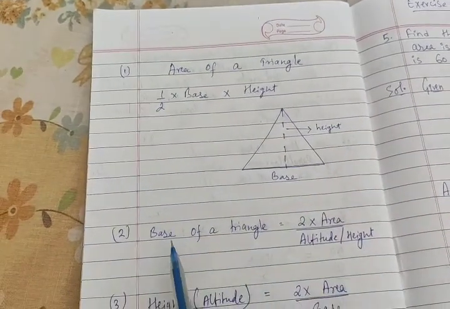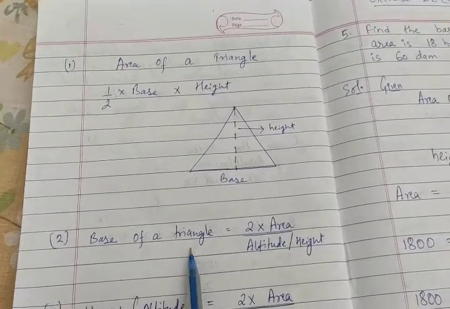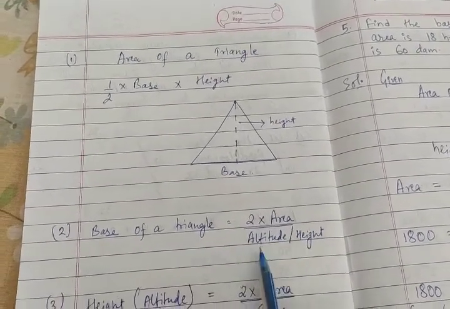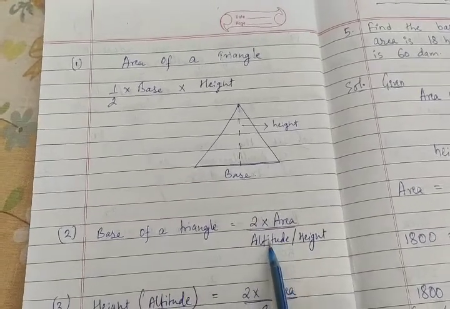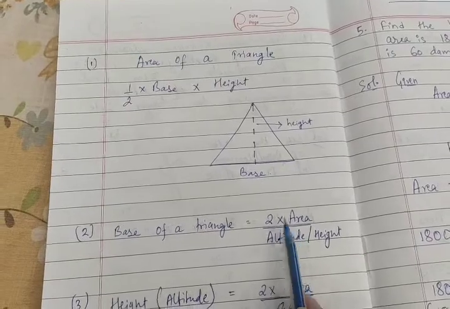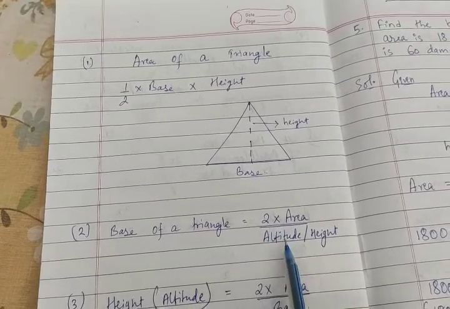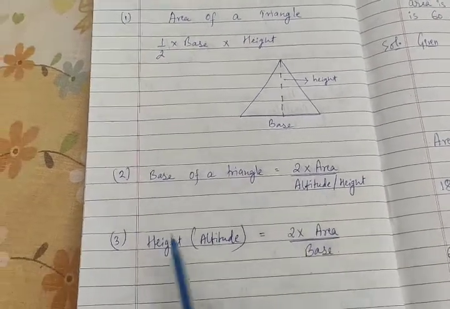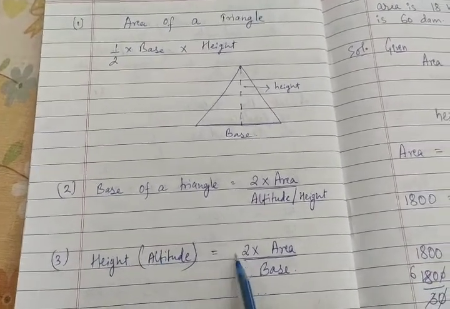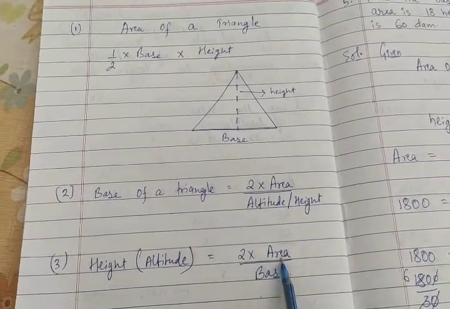Now when we are asked to find the base of a triangle, the formula becomes 2 into area divided by altitude or height. Altitude means height. You can use both terms, meaning is same. Similarly, to find the height, that is altitude, the formula is 2 into area divided by base.